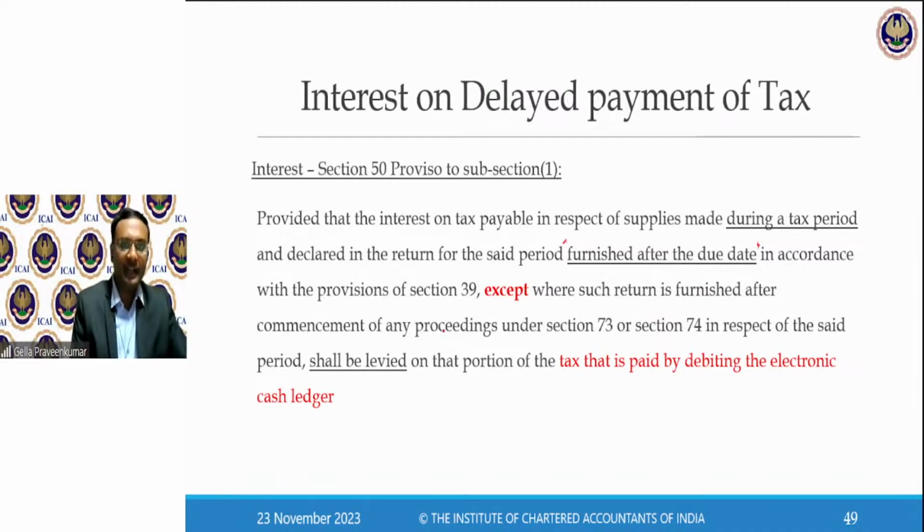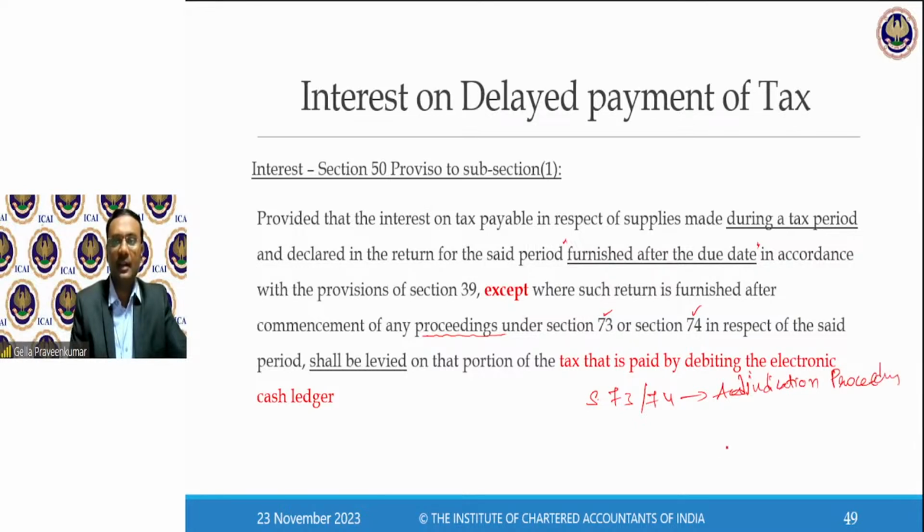Other than any proceedings under 73 or 74. Section 73, section 74 is an adjudication proceeding.